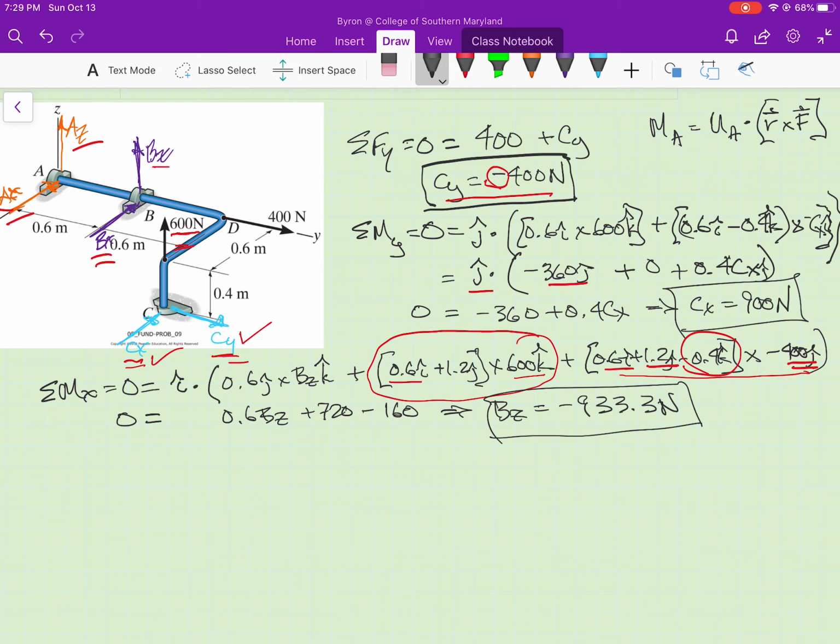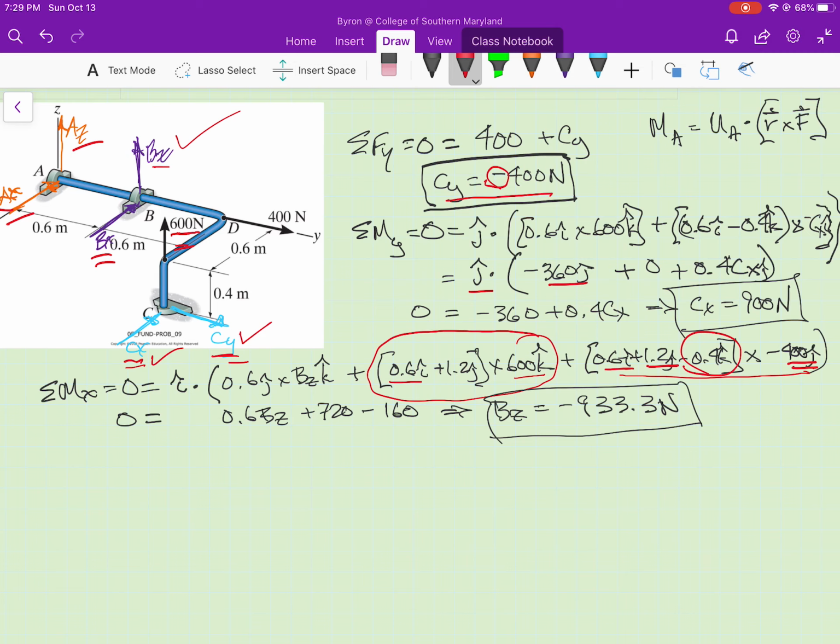Let's look at, so we have B sub z. Now that we have B sub z, we only have one unknown in the z direction, which is A sub z.